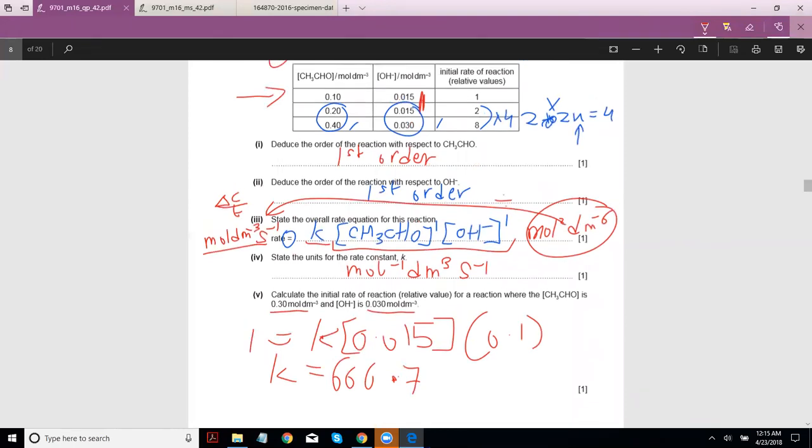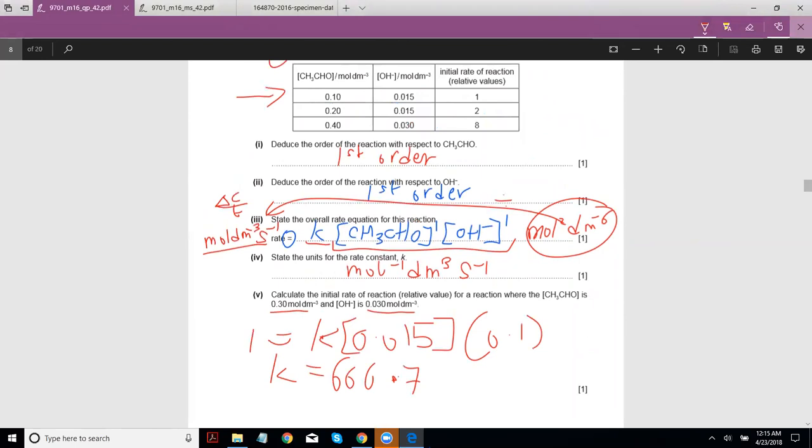True, we can do it with ratios too. Let's compare it to the first row. Let's go with the third one, because in the third the OH concentration is the same. No, because the first one is convenient, it has the most convenient values. Let's just use the first one.